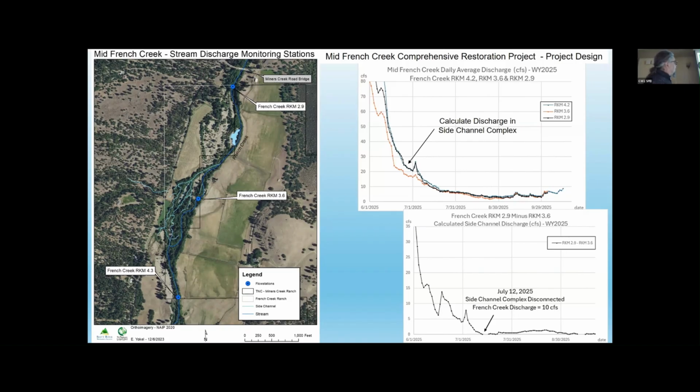network on the west of the main channel, and we've seen this side channel network support a significant amount of adult and juvenile salmon. We utilize these 3 stations, and the station in the middle that does not have the discharge going into that complex, to try to model or estimate the amount of flow that's going through that complex supporting this fishery.